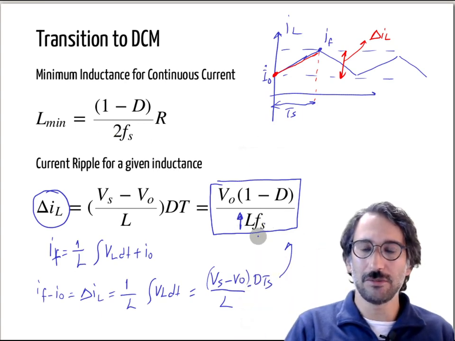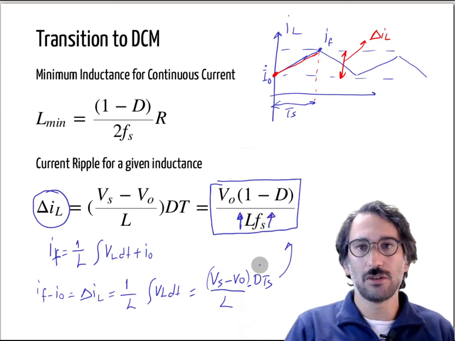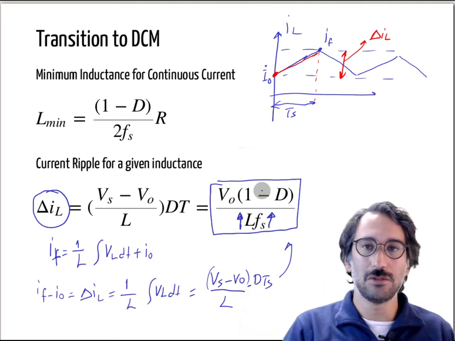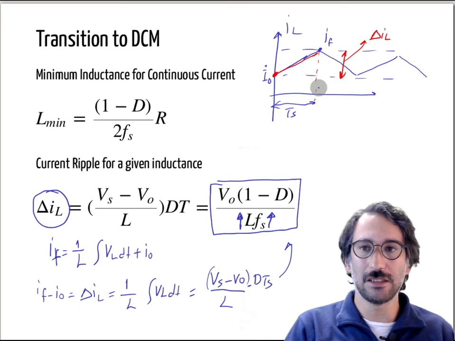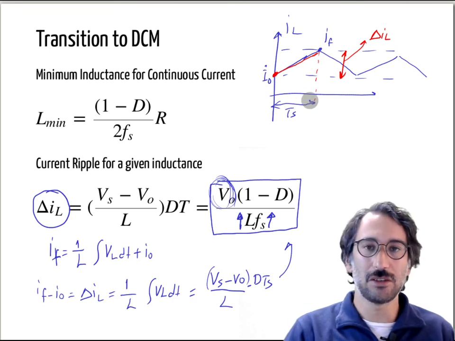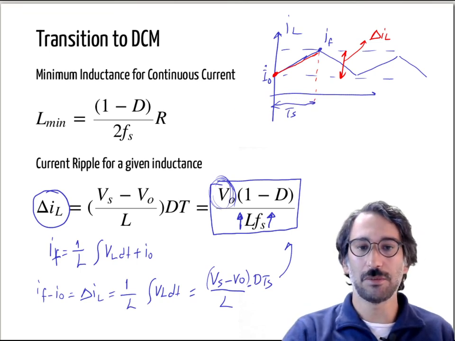Similar to the previous case, you can also increase your switching frequency, which has other disadvantages, but we can reduce the ripple by increasing the switching frequency. Or, again, the output voltage has a relation with the ripple. That ripple is not constant, and it changes depending on your duty cycle and operating condition.